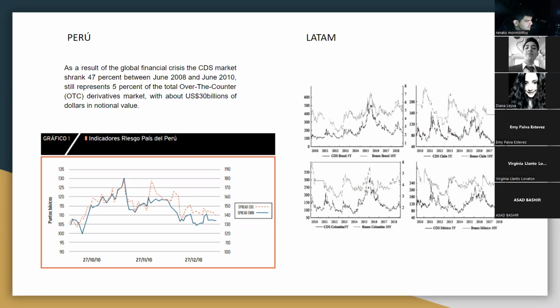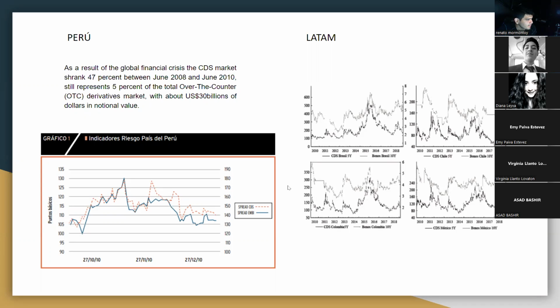Okay, in the Peruvian case, as a result of the global financial crisis, the CDS market shrank 47% between June 2008 and 2010. It still represents 5% of the total over-the-counter derivatives market, with about 13 billion dollars in notional value.